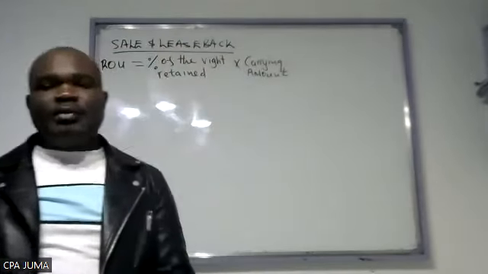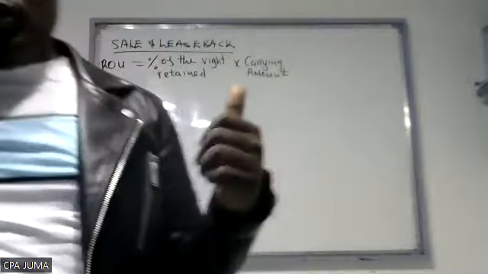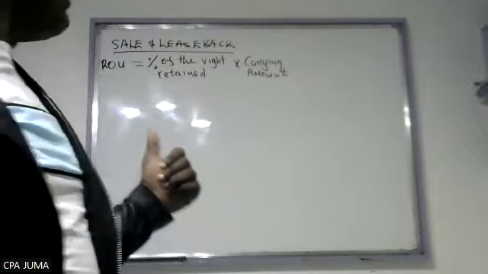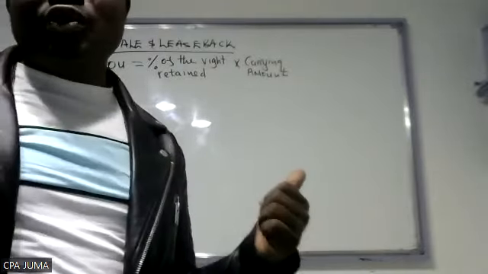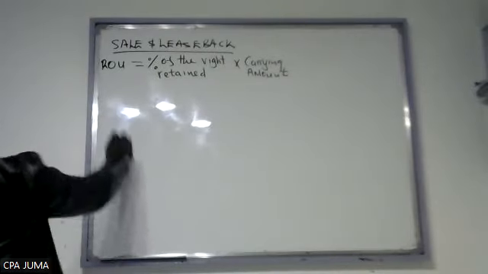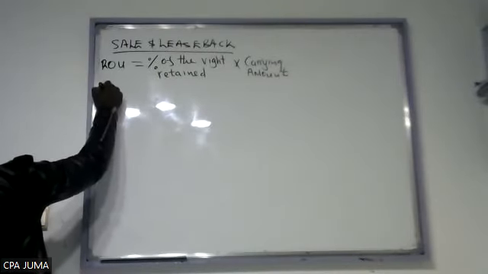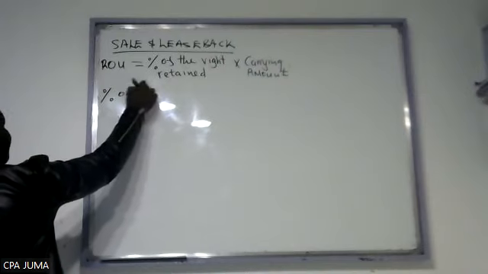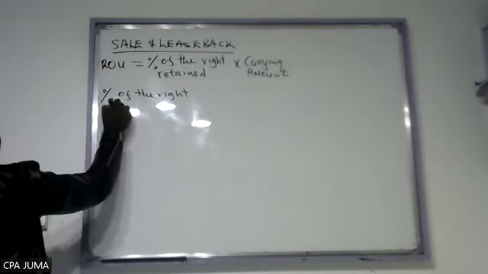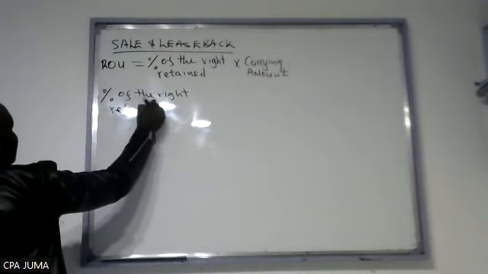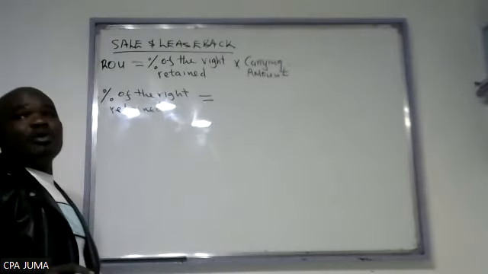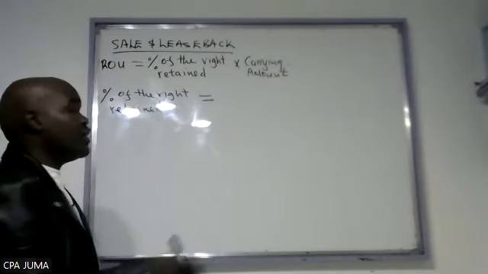So the next question will be, how do you calculate the percentage of the rights which you are retaining? So percentage of the rights retained is equals to, so it is always a proportion of present value and the fair value.